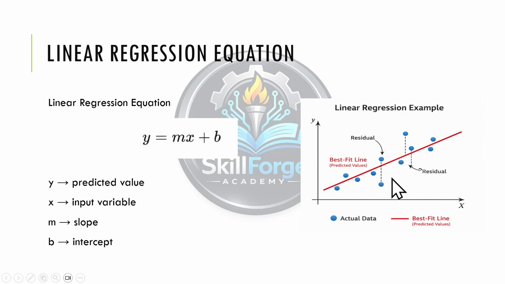We choose the line that minimizes the error, meaning the distance between the actual data point and the predicted value is as small as possible. This line helps us understand the relationship between the input and output, and it is the foundation of linear regression.